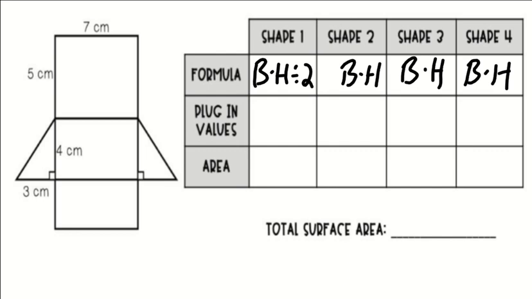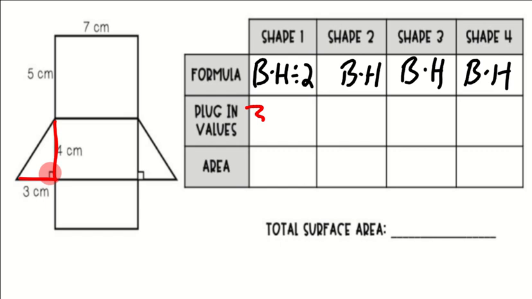So now what we're doing is we're plugging in the values, filling in these numbers. With the triangles, just like before, we want to find the 90-degree angle. The base and the height make the 90-degree angle. So you can see here my base and my height are 3 and 4. It doesn't matter which is base, which is height. Just use the two that make the 90-degree angle.